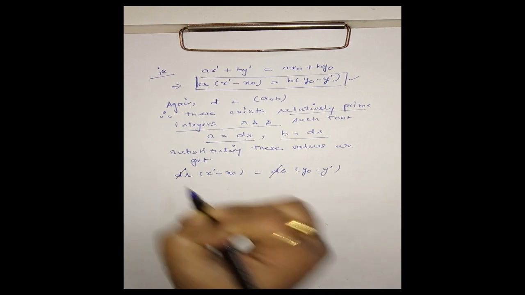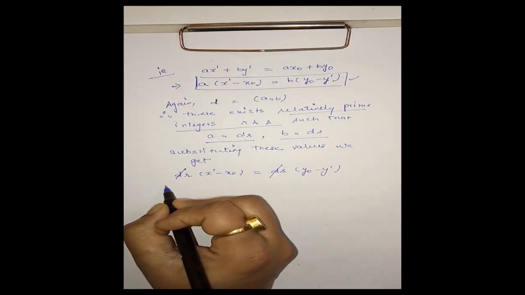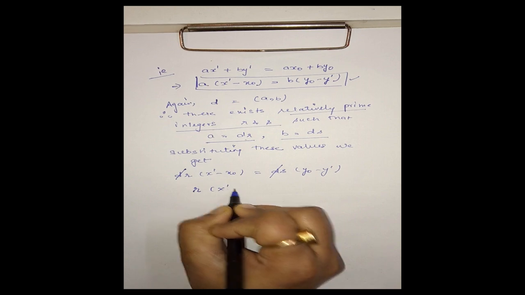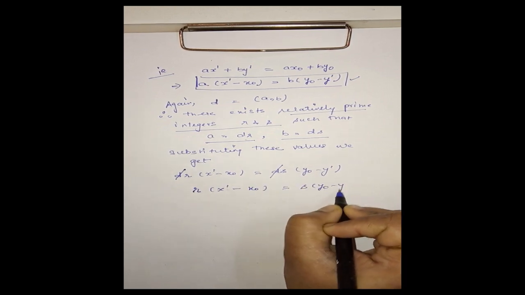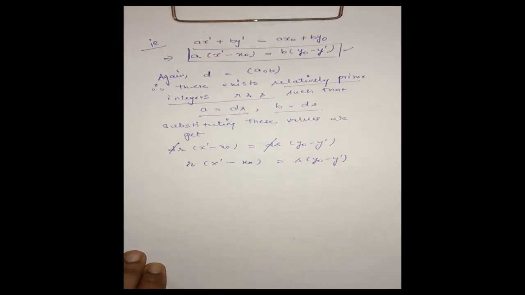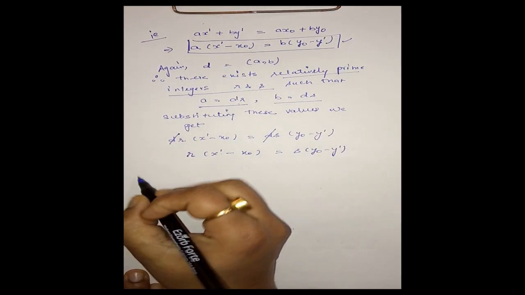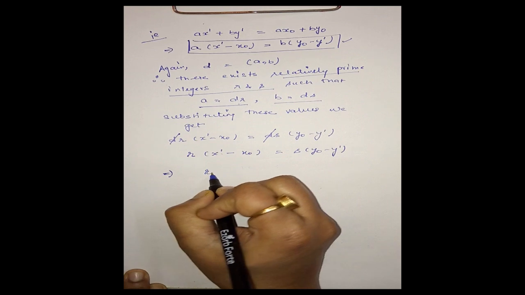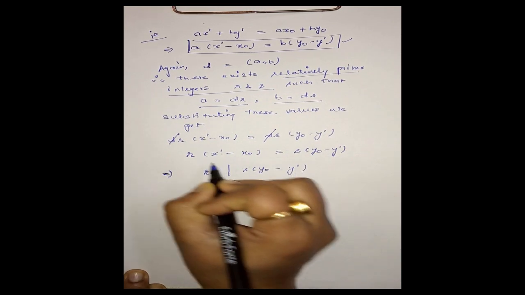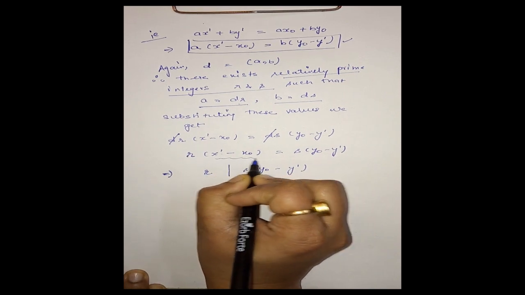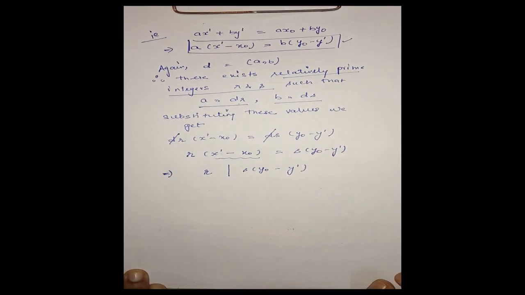Now cancelling out d from both sides, we have r into x dash minus x naught is equal to s into y naught minus y dash. Clear? Now this will imply r divides s into y naught minus y dash. Since x dash is an integer and x naught is an integer, the difference is going to be an integer again.